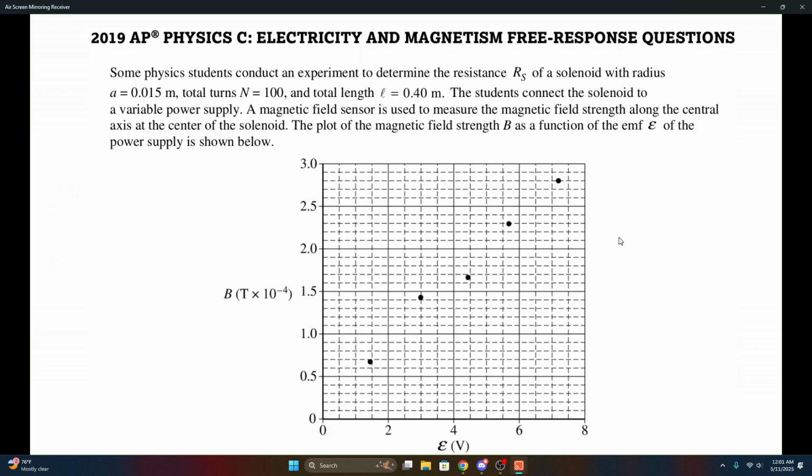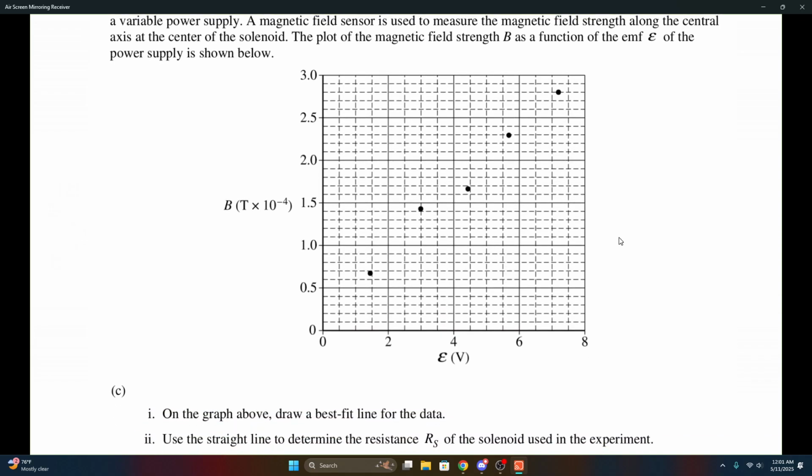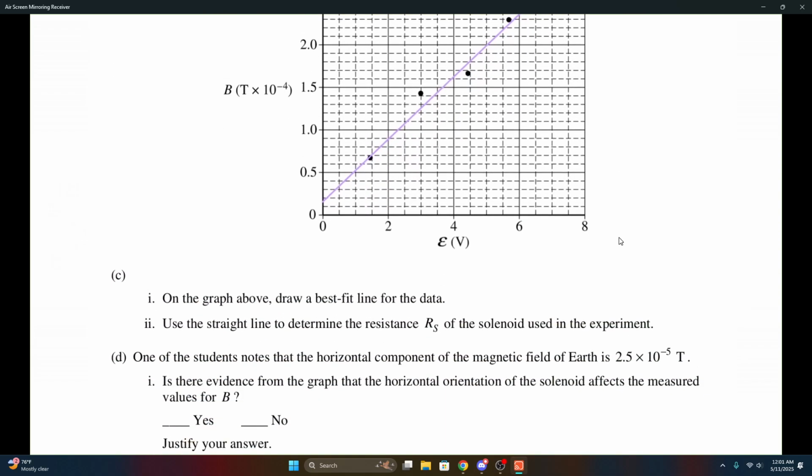Okay, we have an experiment to determine the solenoid's resistance. Field strength B as a function of EMF on the graph above. It gives you the points, so just draw a line of best fit. It's kind of like that. Okay, good enough.